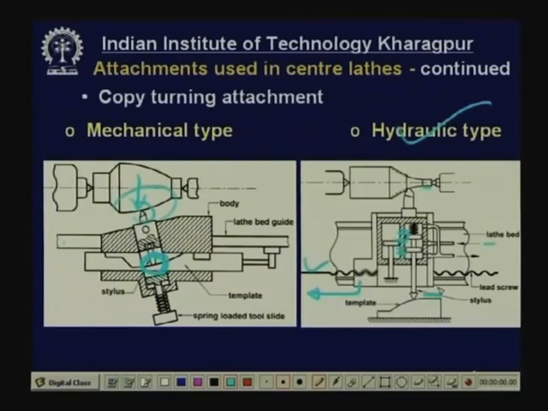But when this follows a curved path or step, then this port will open. When this port opens, the high pressure oil will reach here, and pressure will be exerted on the cylinder, and the cylinder will move down against the piston which is fixed.